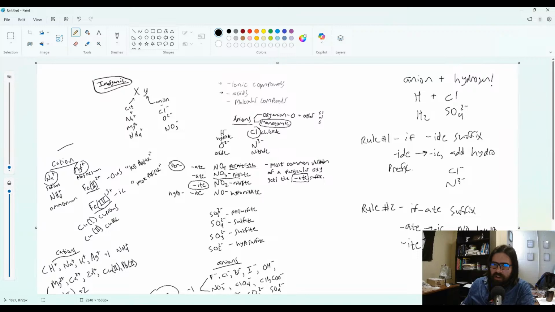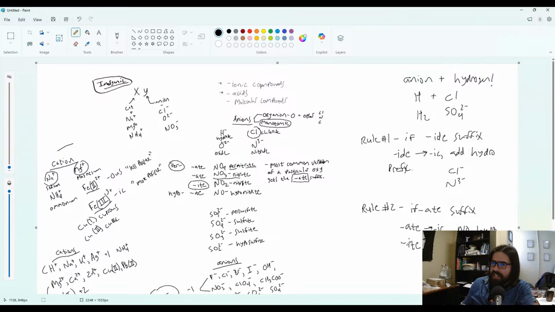So sulfite becomes sulfurous acid. Nitrite becomes nitrous acid. So if you have an "ate" suffix, "ate" switches to "ic" and there's no hydro. If you have an "ite" suffix, "ite" switches to "ous" and then there's no hydro.